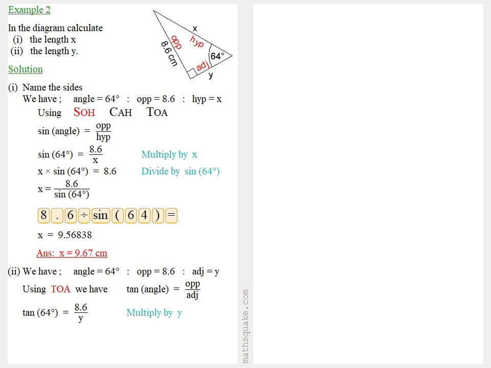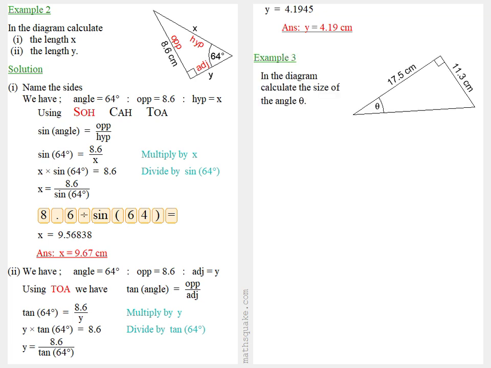Well, if we multiply both sides by y, we get y times tangent of 64 equals 8.6. If we divide both sides by tan of 64, that gives y equals 8.6 over tan of 64. And if we type that into our calculator, y equals 4.1945. So rounding it off, our answer is y equals 4.19 centimetres.